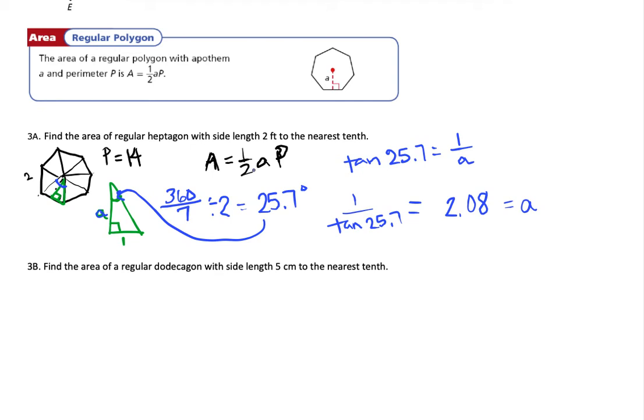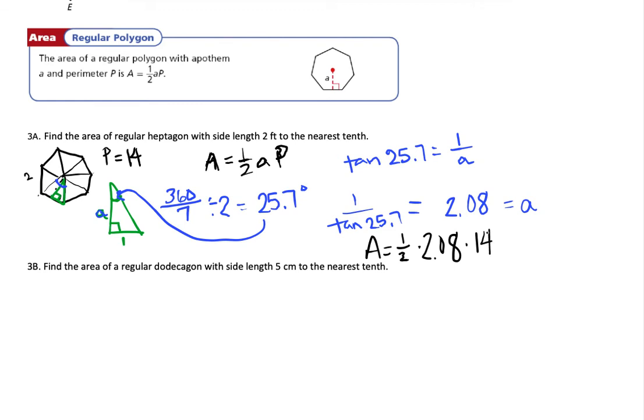Now I have enough information to plug in. So I have my area, I'll go back to black, is equal to 1/2 times A, which we found is about 2.08, times P, which we found right away as 14.